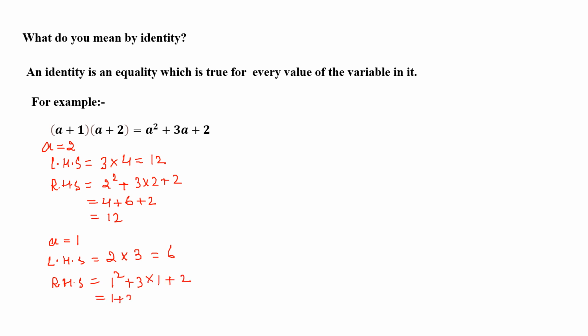So 1 + 3 + 2 will give me 6. So here also you can see LHS is equal to RHS. So whatever value of a you give, both LHS and RHS will become equal. So that is known as an identity because it is an equality. Equality means it is equal. Whatever value of the variable you take, this condition will hold true always.